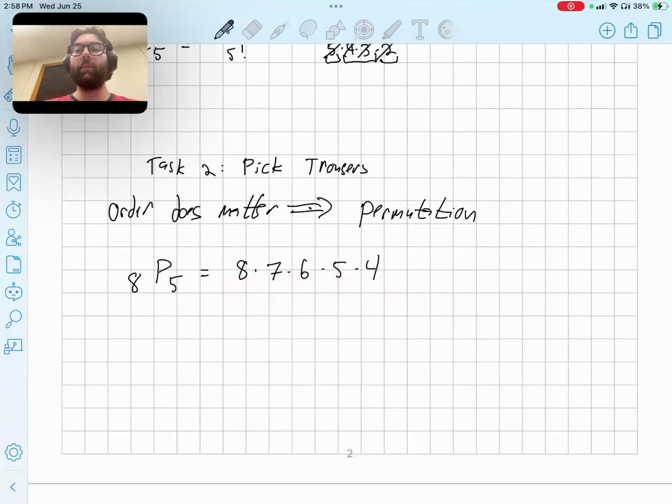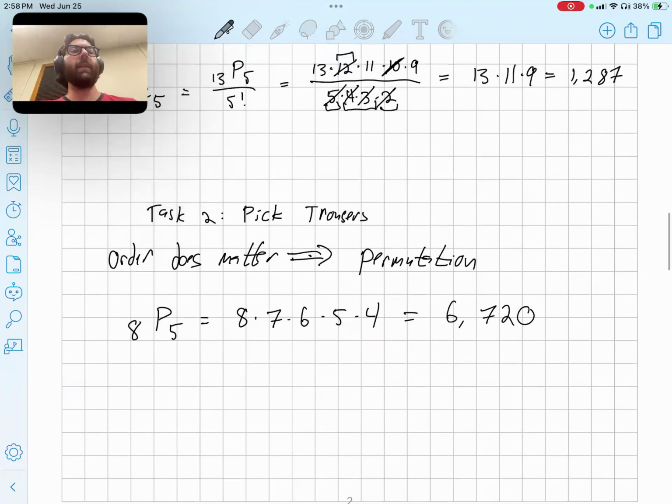So if I put this into my calculator, we get 6,720. It's a lot. Okay, and so to pick your trousers and the order, which is what we want to do, there's 6,720 ways.